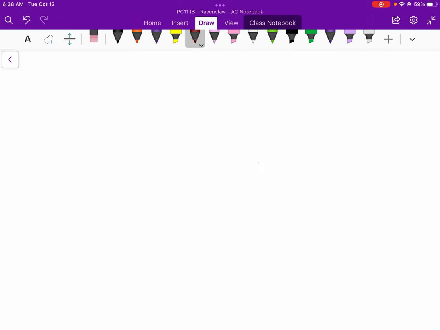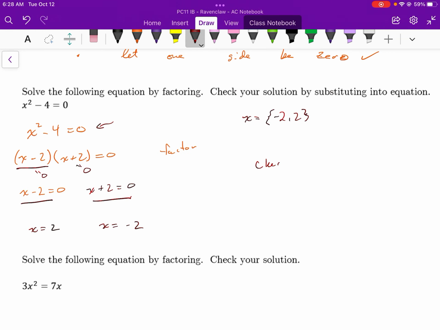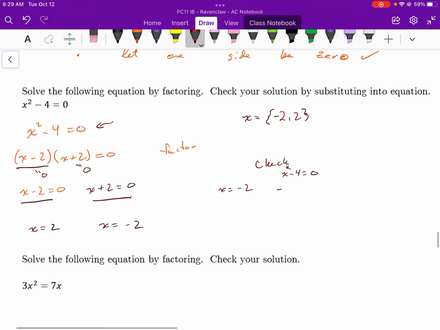And then we can check if x is equal to negative 2. Remember that we're trying to see when x squared minus 4 is equal to 0. So it's really negative 2 squared minus 4 is equal to 0. Negative 2 squared is 4, minus 4 is equal to 0. 0 is equal to 0.